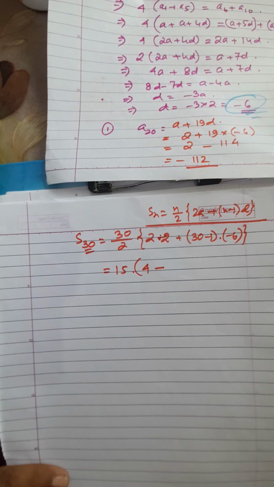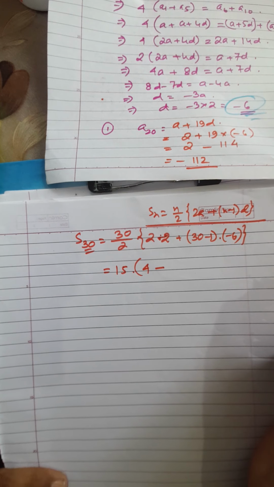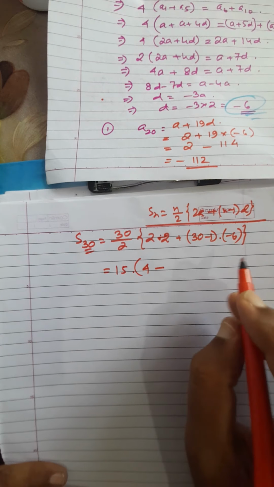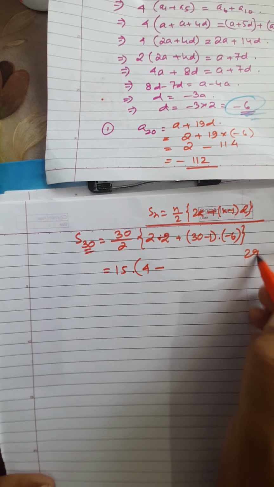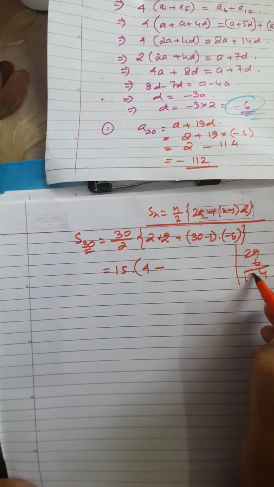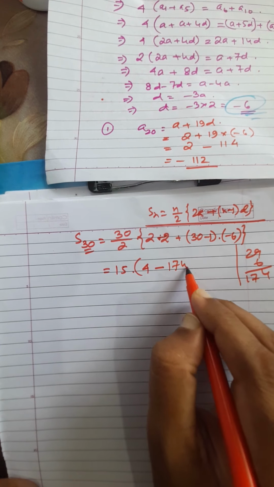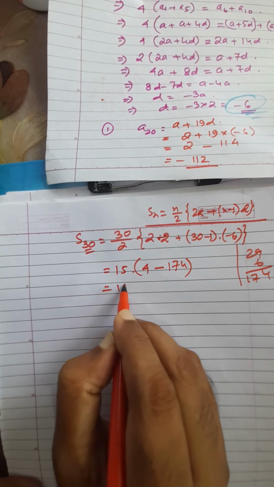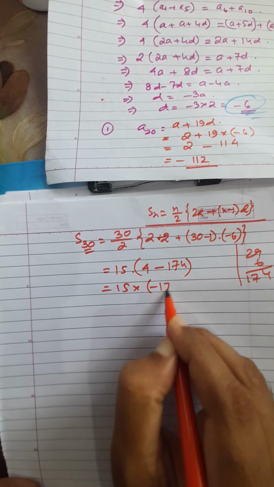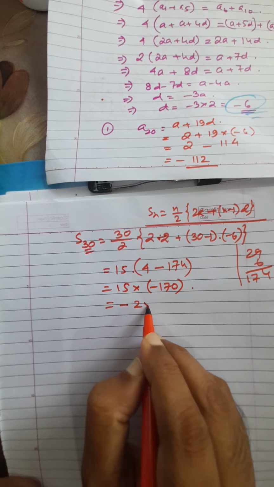How much? 9 6s are 54, 4 in hand, 5, 12, 17, 174. Okay, so 174. So 15 into minus 170. 15 into minus 170 is equal to minus 2550.